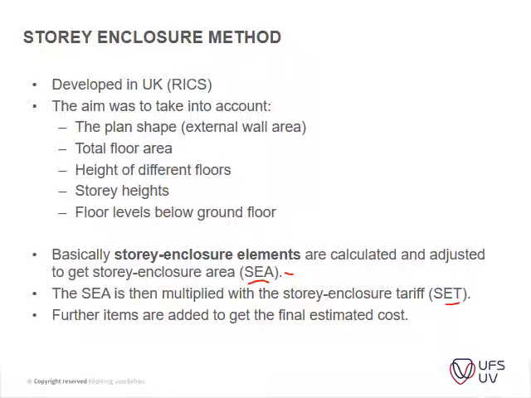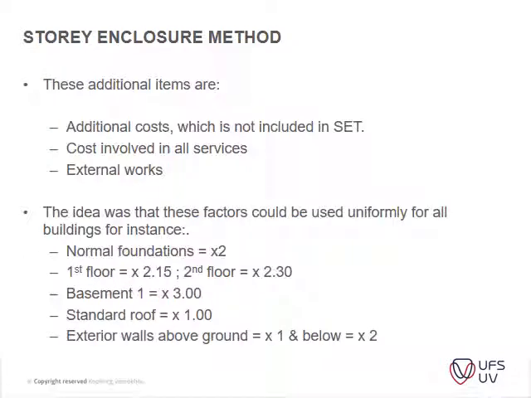Further items are added to get the final estimate, like your external works and any additional items specific to the design, etc. These additional items are additional costs that are not included in the set, like I just indicated: costs involved in all services, external works, etc.